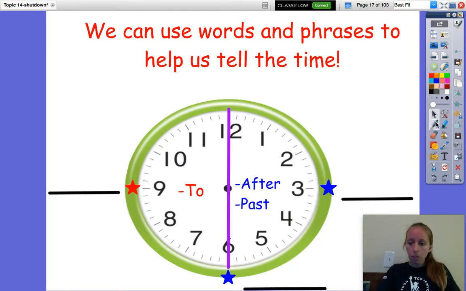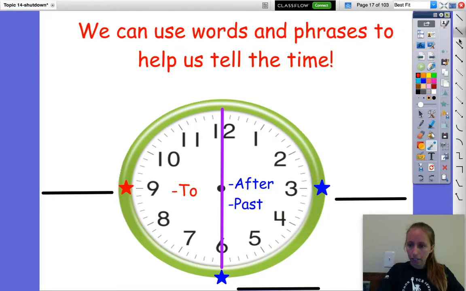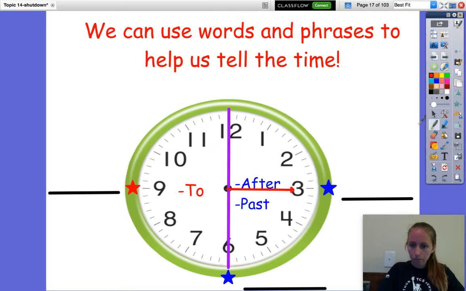So these lines, when the minute hand is on the 3, so if we have here, I'll draw a minute hand. If the minute hand is facing that 3, it's a quarter after or a quarter past.